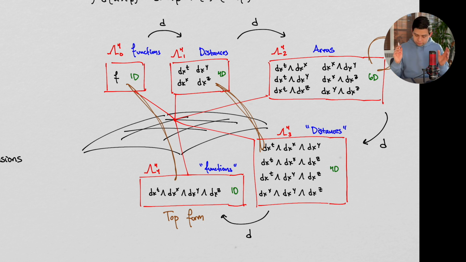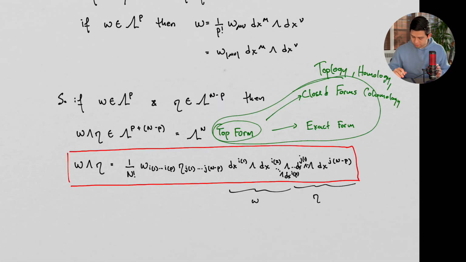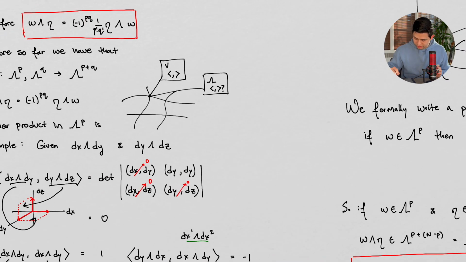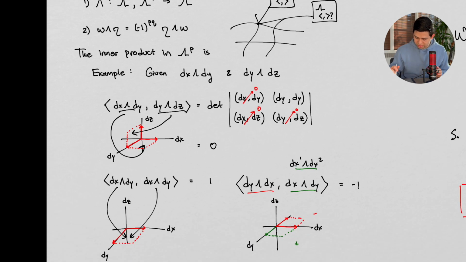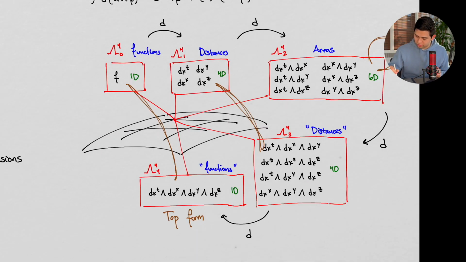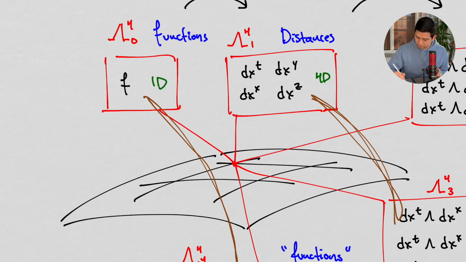But anyways, that is a rundown of what we talked about here, which was really just notational things. We talked about the inner product within these spaces, right? So that's actually something worth noting. We have inner product spaces everywhere here.